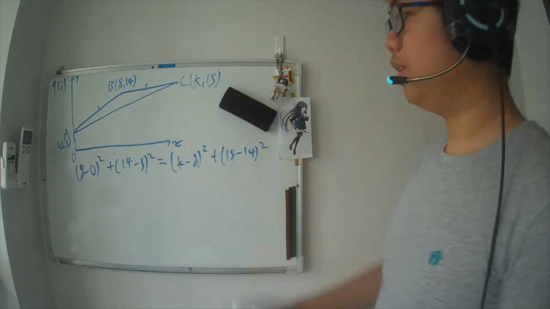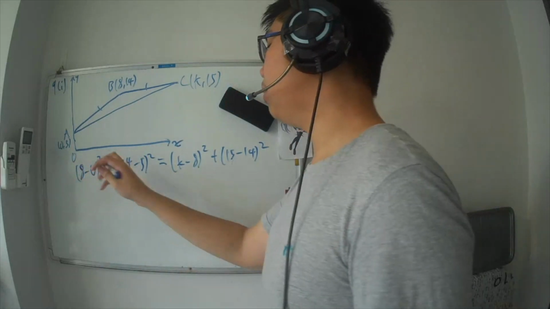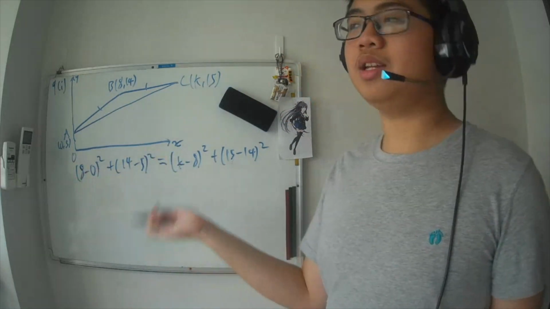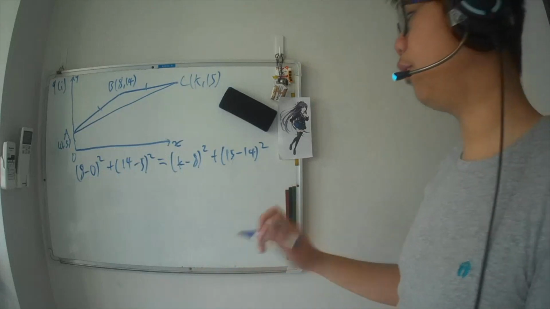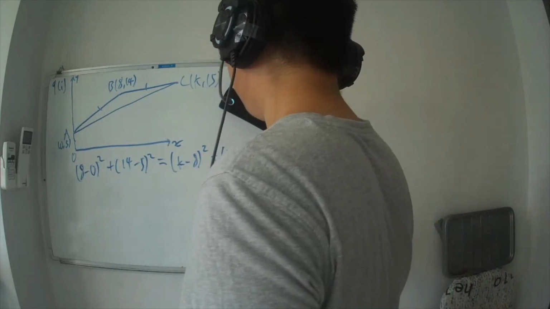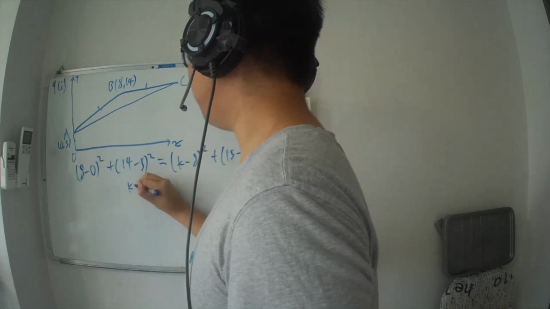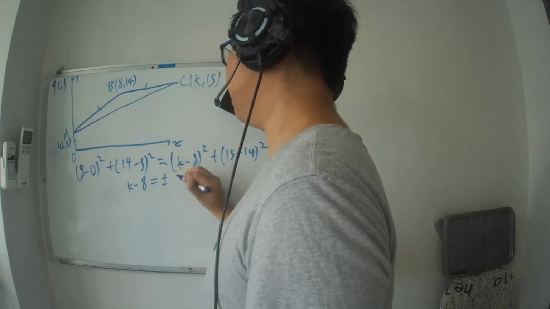Okay, so let's do this. So this is 8 minus 0, so this is just 8. Then this is 9, so this is 8 squared plus 9 squared. 64 plus 81, which is 145, minus 1 on this side, right? So therefore, K minus 8 is equal to plus minus 12.